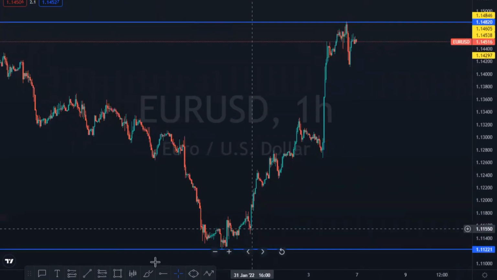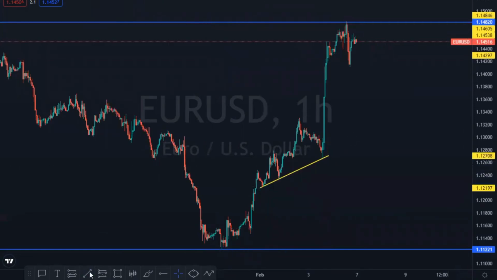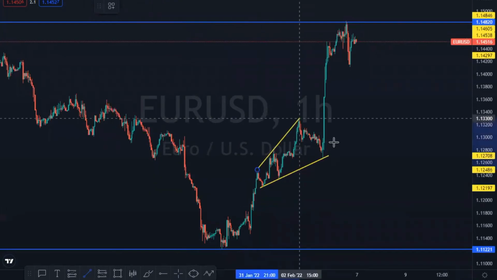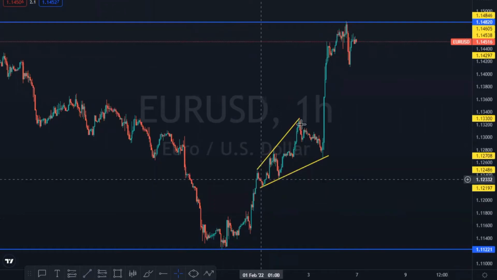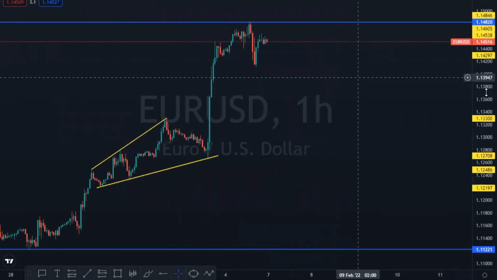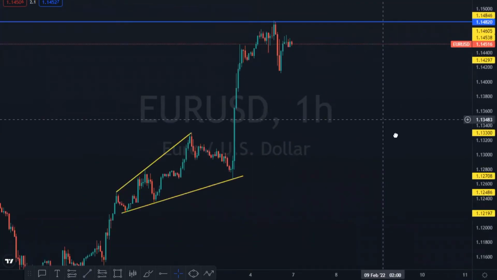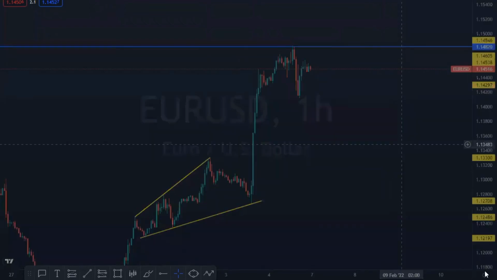We had an inverse head and shoulder and a push to the upside. This was an expanding triangle, which is a continuation to the upside. That's why we had that impulse, continuation, correction, and impulse. So right now we are looking for a reversal. Let's go to the 15 minutes time frame.